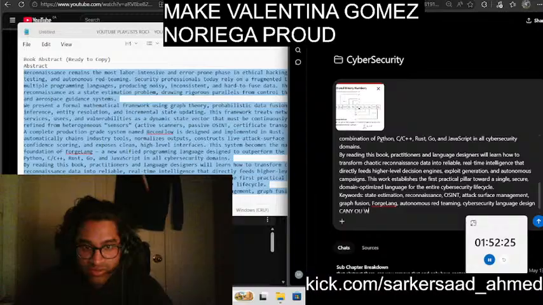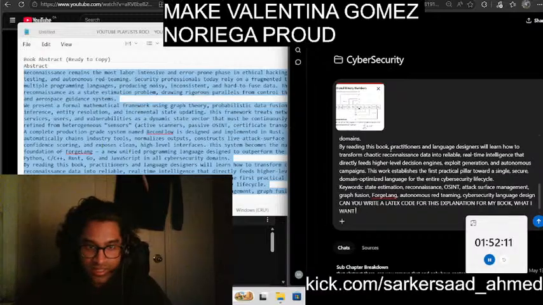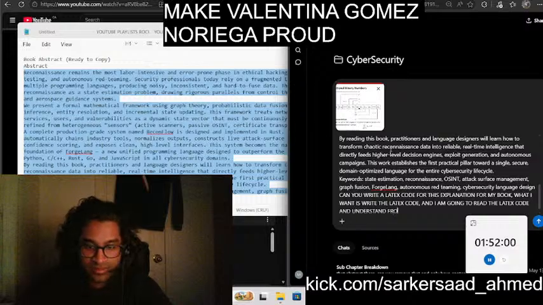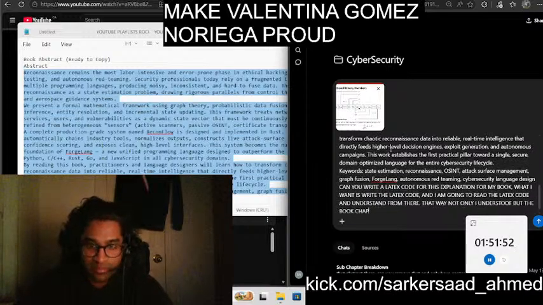Can you write a LaTeX code for this explanation for my book? I am going to read the LaTeX code and understand from there. That way, not only do I understand, but the book chapter will also be finished simultaneously.